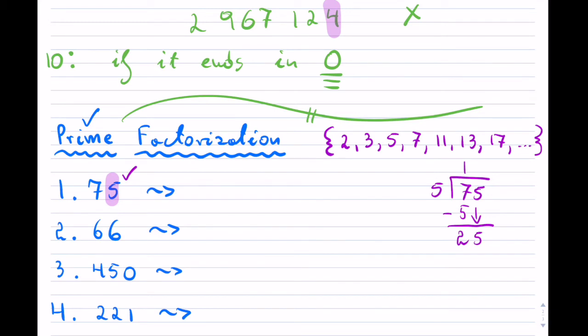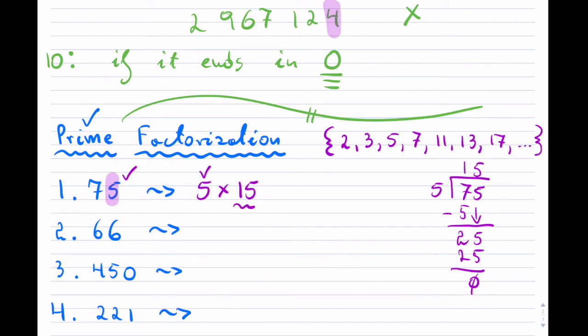5 into 25 goes 5 times, which means this is 5 times 15. Now, the number 5 is a factor of 75.